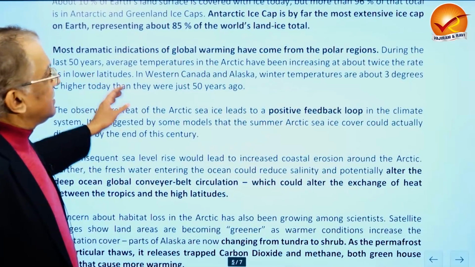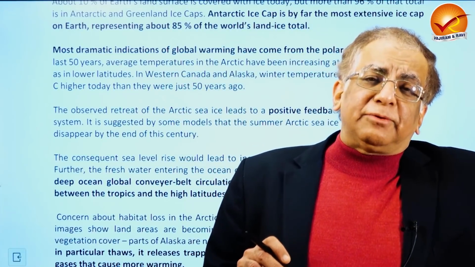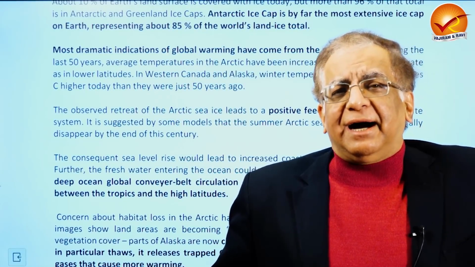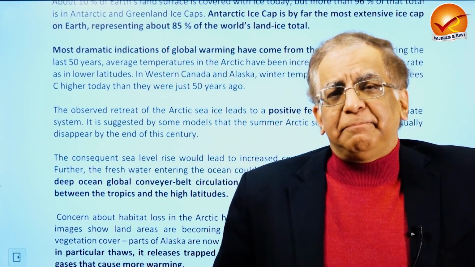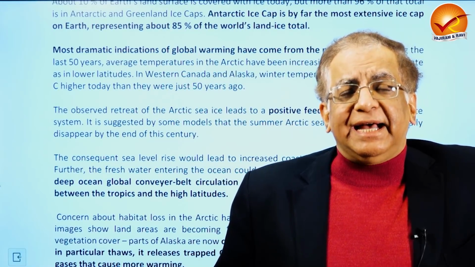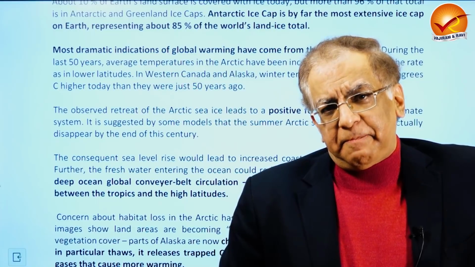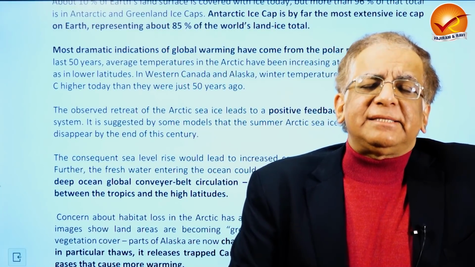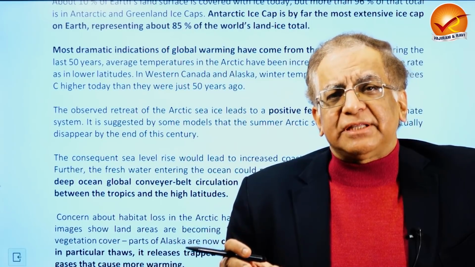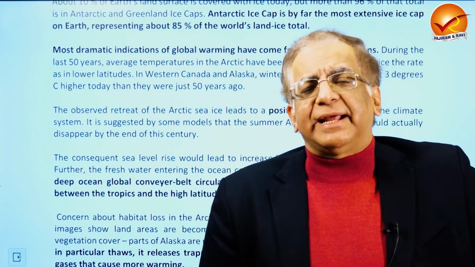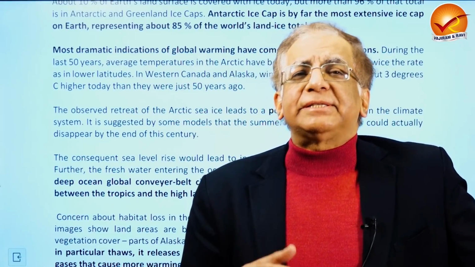And you would have read in your material relating to climate change that polar areas are showing much faster changes associated with climate change as compared to the rest of the areas. Remember one important point: in the higher latitudes of the world, we have a snow and ice cover, and this snow and ice cover has an albedo which is very high.